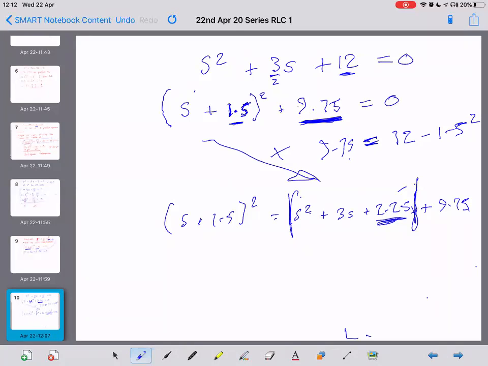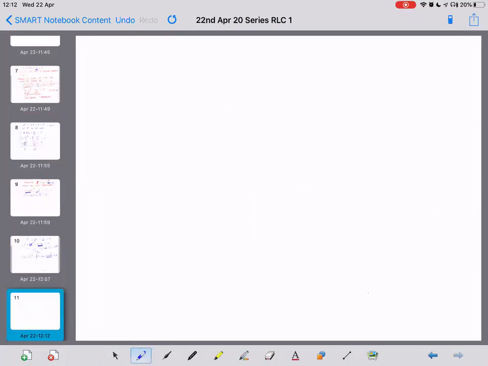So what we're going to do now is go back to our circuit problem we had originally. From earlier, we had IS is equal to 1 divided by 0.1s plus 10s squared plus 1.